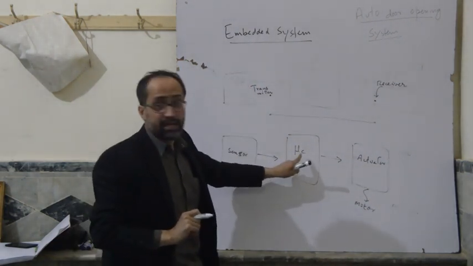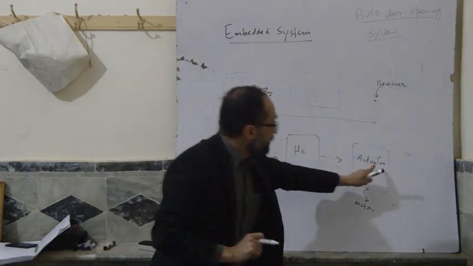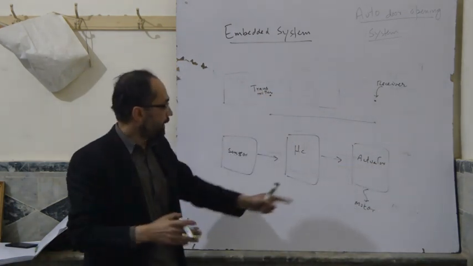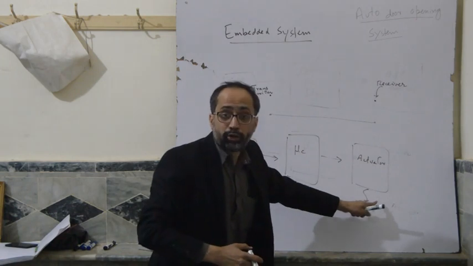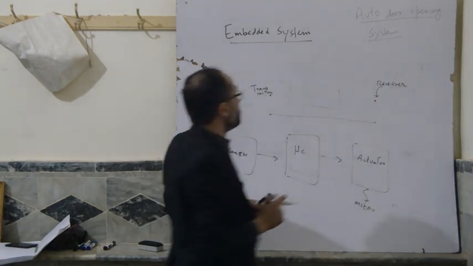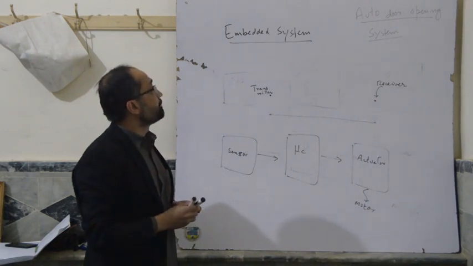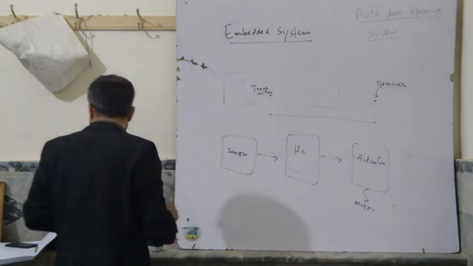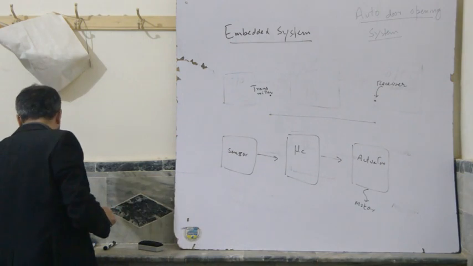The microcontroller will generate a signal and then the actuator will be actuated, and there will be a motor and it will cause the door to be opened. So this is one example of an embedded system, an automatic door opening system.